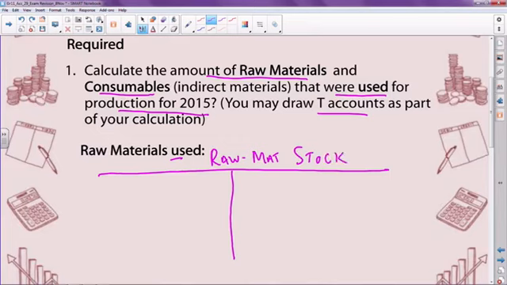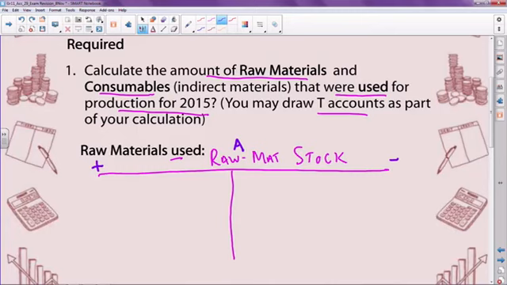We all know this is an asset. On the debit side, an asset increases. On the credit side, it decreases. So if I complete this particular account, I'm then able to calculate the raw materials that were used.